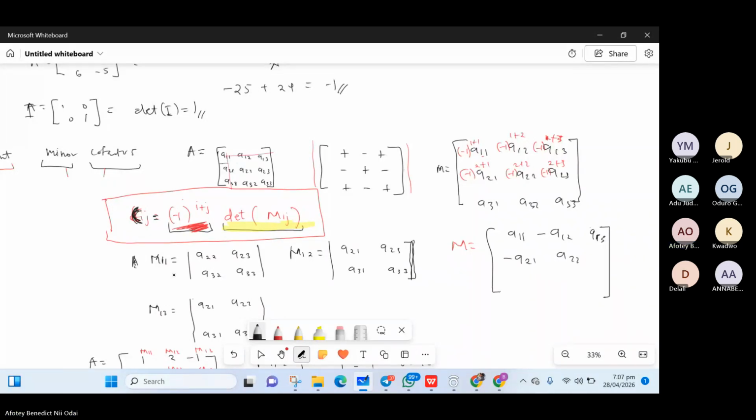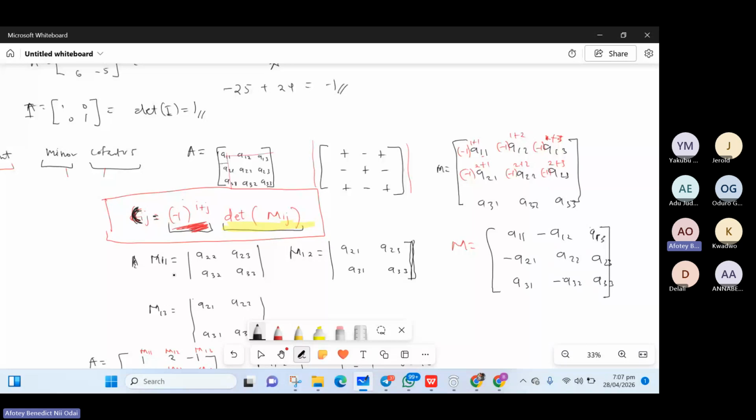So negative 1 to the power of an odd number is negative as well, so we get negative A23. Then we continue in that order. So this also gives us 3 plus 2, negative 1 to the power 3 plus 2, which gives us negative A32.